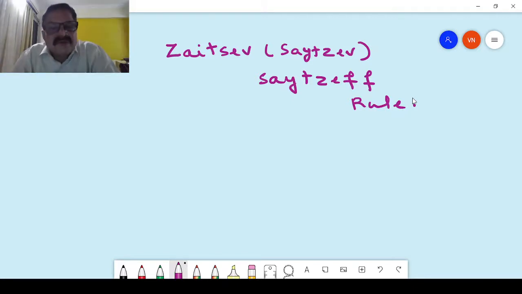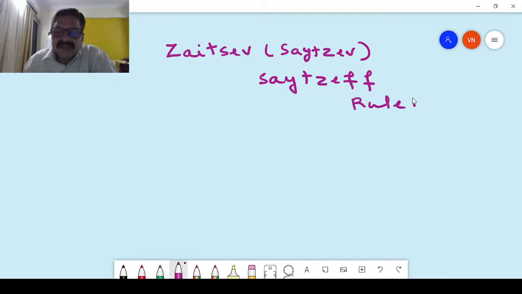Which one is it? The more stable alkene, the one with the more substituted double bond. So the Zaitsev rule says the major product in a beta elimination has the more substituted double bond.